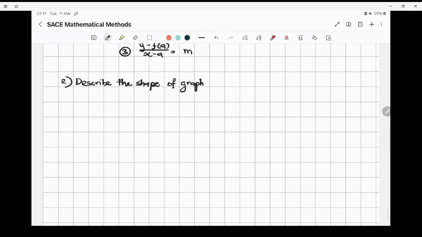So first of all, we need the concepts of increasing or decreasing function. Okay, perhaps I will just draw it diagrammatically. So what is an increasing function?